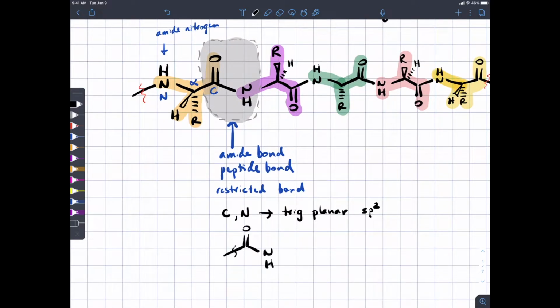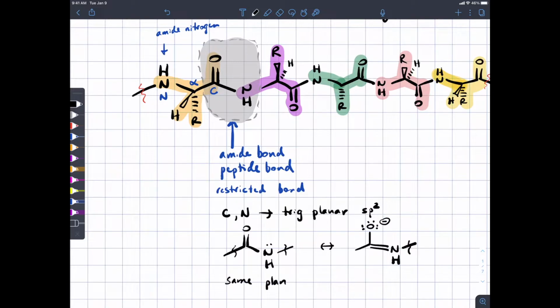For an amide bond like this, we can draw a resonance structure where lone pairs on the nitrogen donate into the carbonyl carbon, and we move the pi bond from the carbonyl out onto the oxygen. In order to take advantage of this resonance stabilization, the oxygen, the carbon, the nitrogen, and the proton are all going to be in the same plane. Okay?